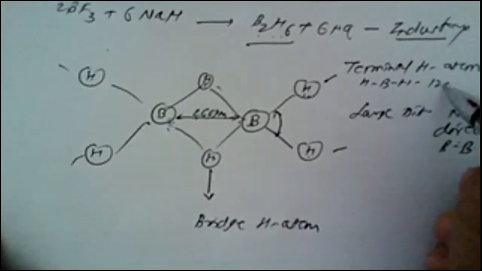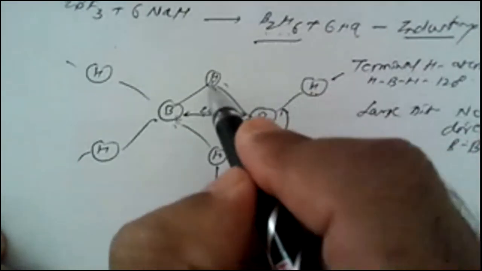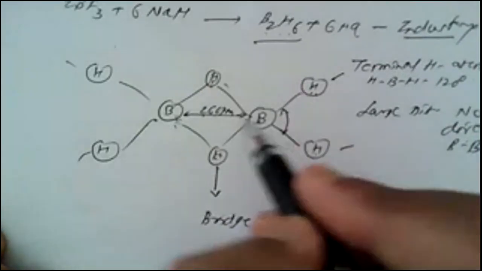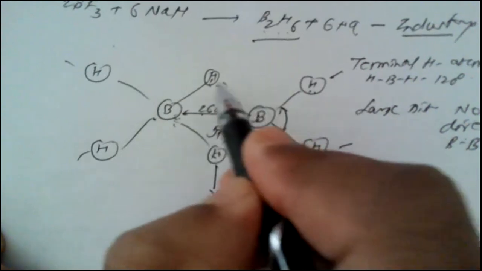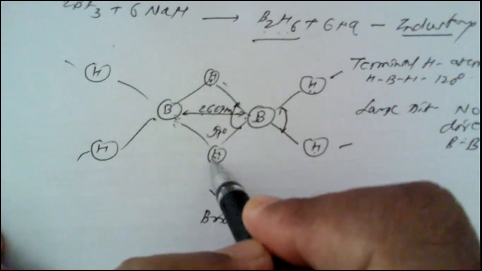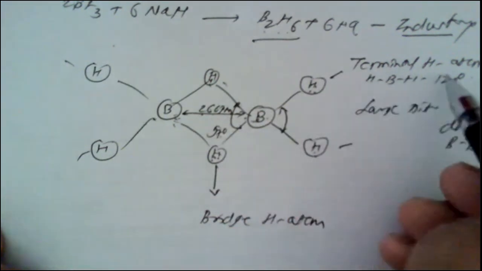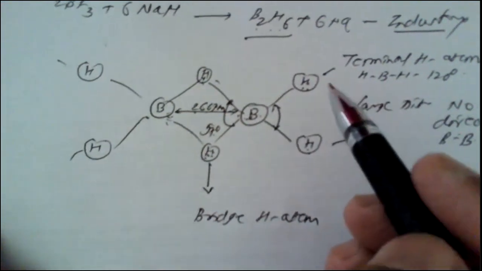The terminal bond angle, hydrogen boron hydrogen, is found to be 120 degrees, while the inner hydrogen boron hydrogen bond angle is found to be only 97 degrees. So the inner bond, that is the bridge bond angle, is 97, while the terminal bond angle is 120 degrees.